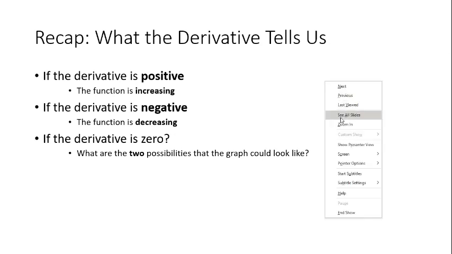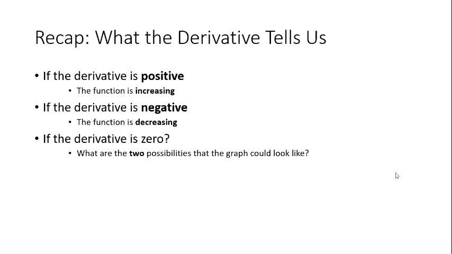And there are a bunch of different scenarios that could yield a derivative being equal to 0. And we've seen a couple of them so far. So for one of them, the graph could look something like this. There we go.